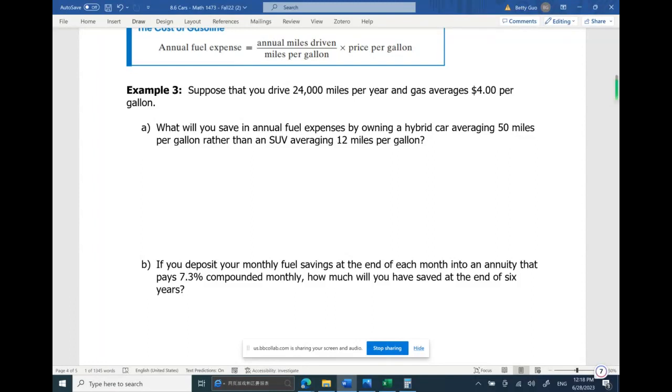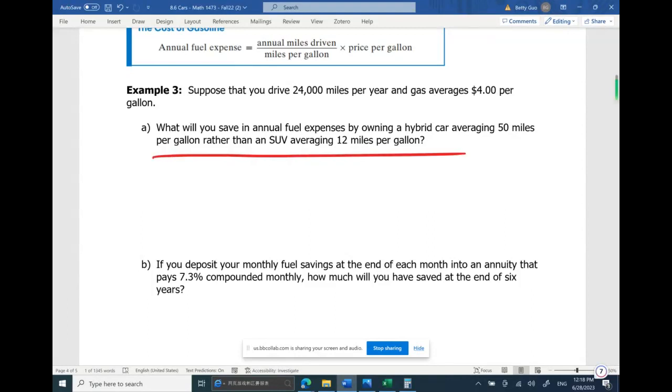Okay, let's see how much you save. You have to drive 24 grand miles every year.